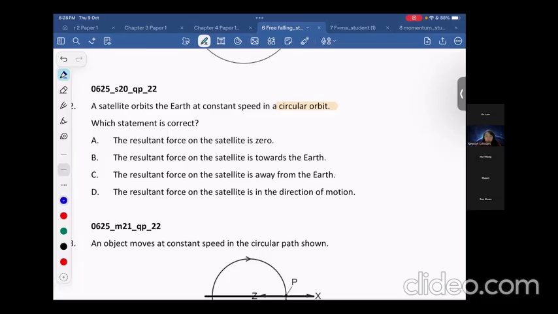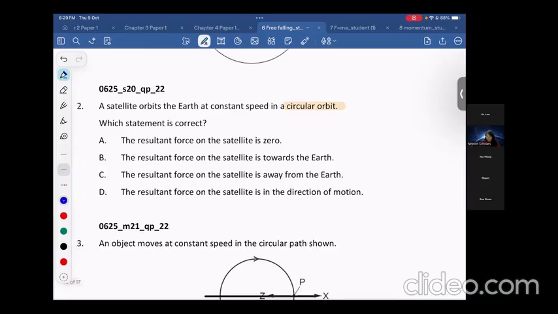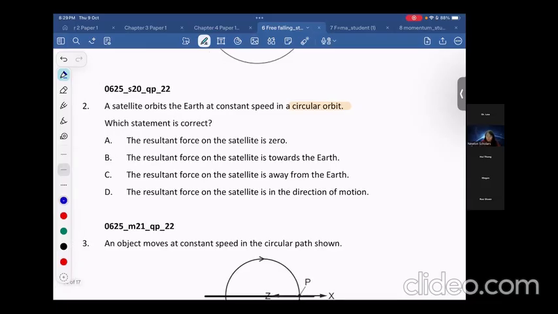How about the others? Is it B? Yes, the answer is B.